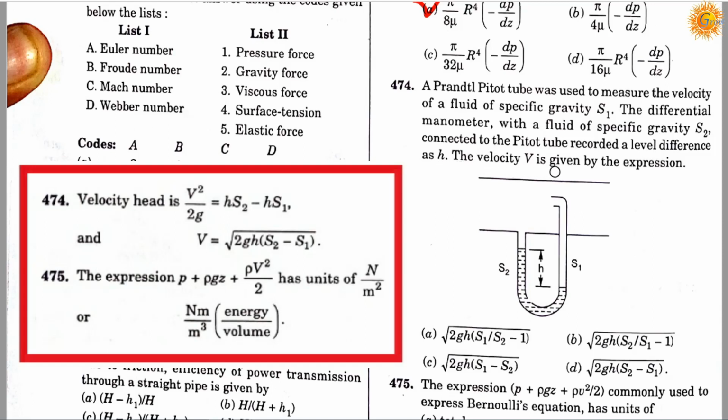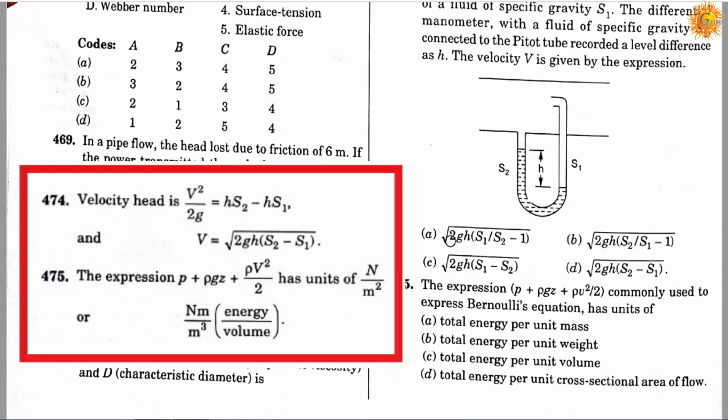The velocity v is given by the expression: option A, under root of 2gh (S1 divided by S2 minus 1); option B, under root of 2gh (S2 divided by S1 minus 1); option C, under root of 2gh (S1 minus S2); and option D, under root of 2gh (S2 minus S1). So the correct answer is D, it will be under root of 2gh (S2 minus S1).